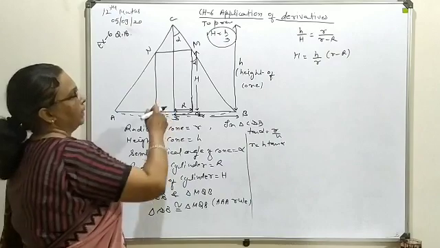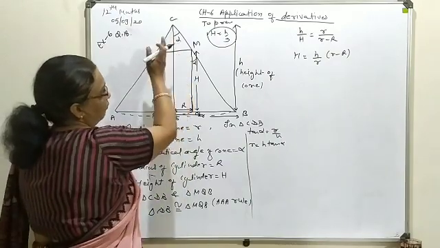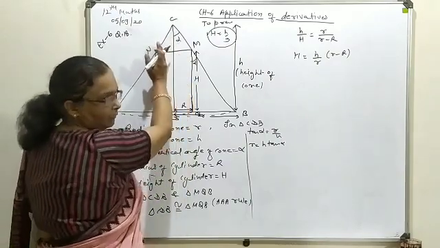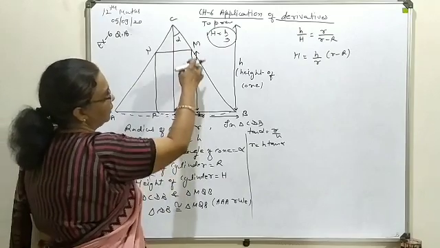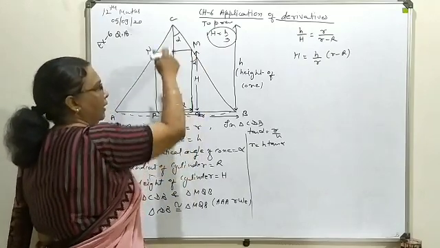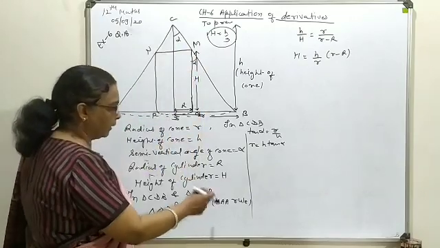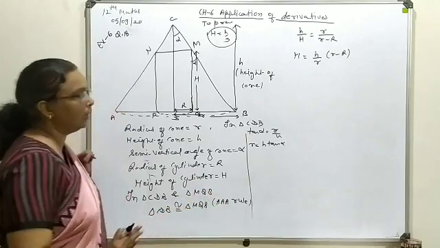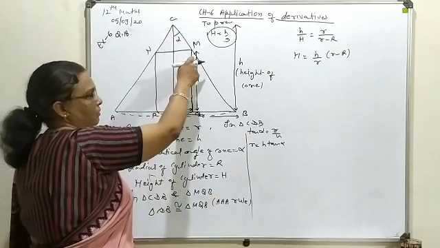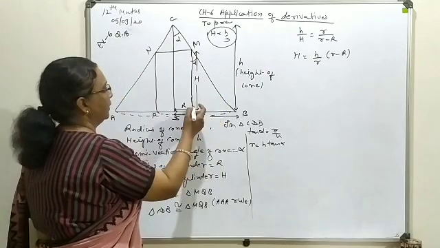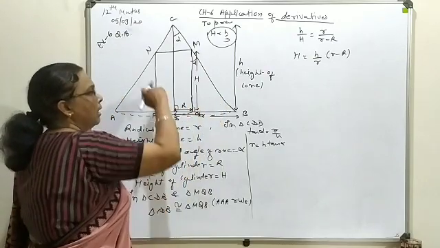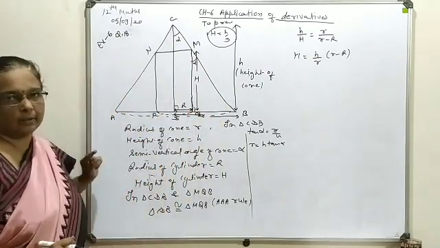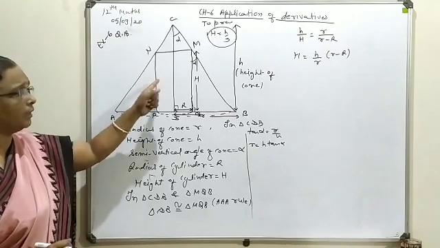Now if you look at these two triangles, half of this cone, you can see one small triangle inside this big one, and from your angle rule, here 3 angles, this is one, this is a common one, and this is a 90 degree. So these 3 angles are the same in these two triangles.